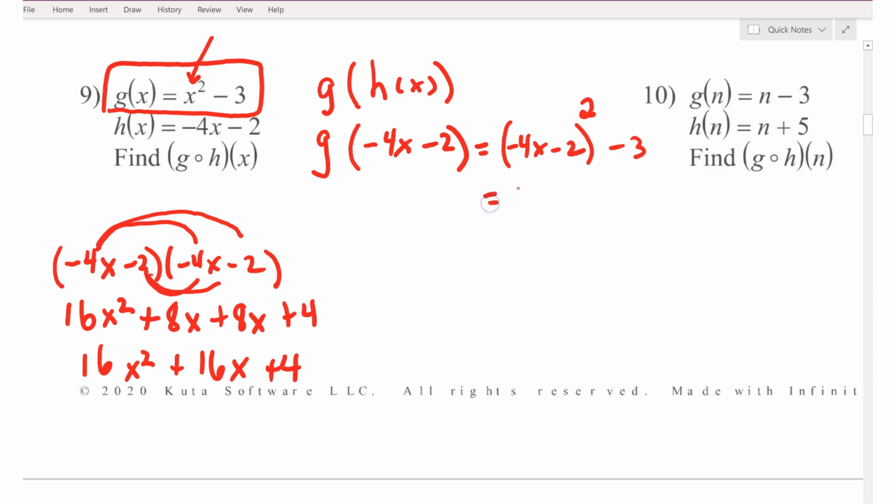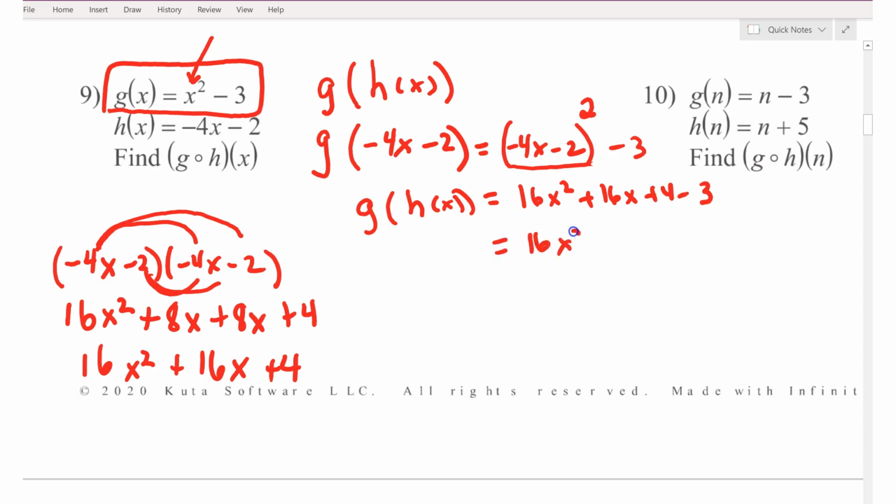So I'm going to go ahead and put that here. So we notice that g of h of x is equal to what we just figured out. So it was 16x squared plus 16x plus 4 minus 3. And the only thing you have to subtract is 4 minus 3. So you have 16x squared plus 16x plus 1. And that's going to be g of h of x.